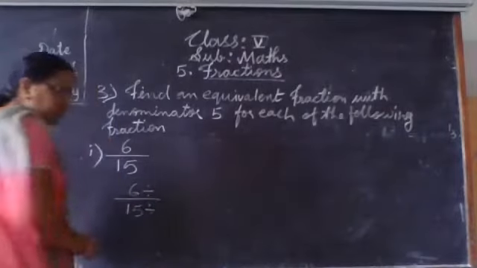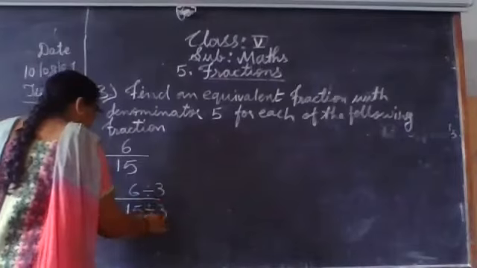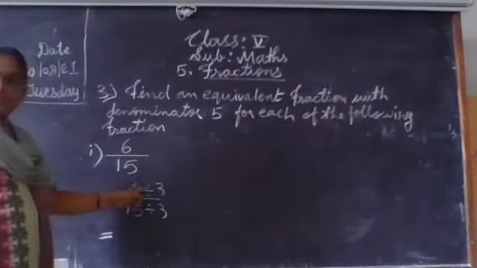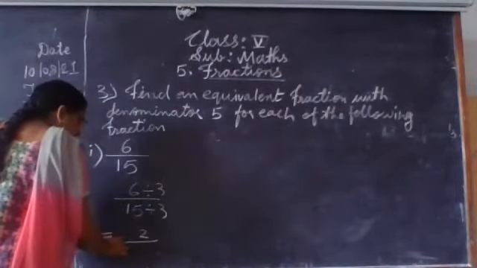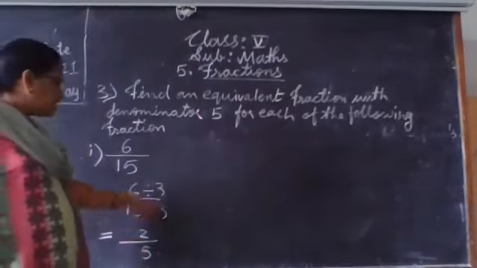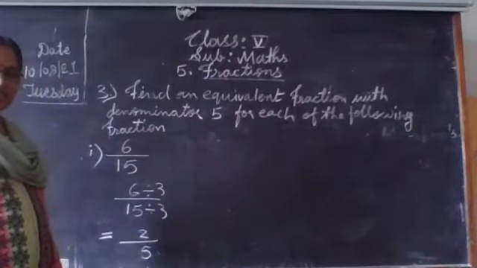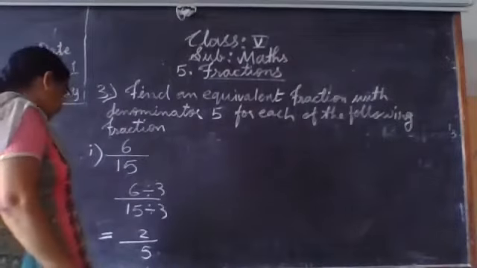Now to make an equivalent fraction, the numerator is also divided by 3. 6 divided by 3: 3 twos are 6 and 5 threes are 15. Now see, our denominator becomes 5. So in this way, you can find the equivalent fraction by the division method.